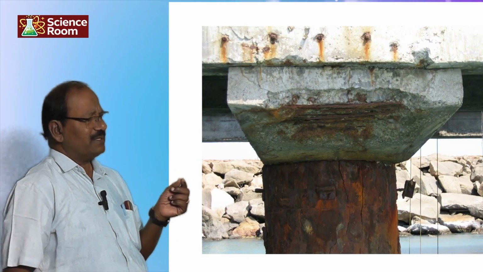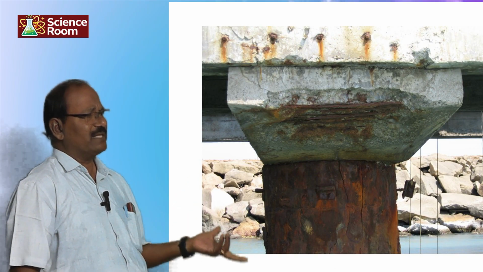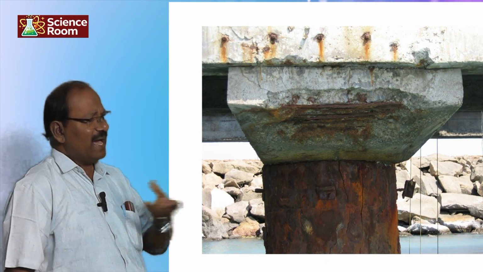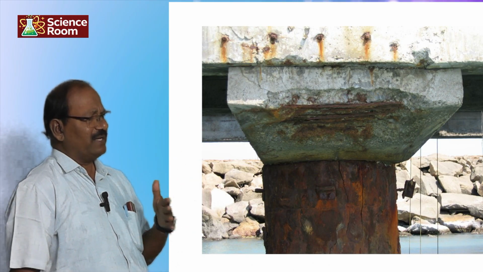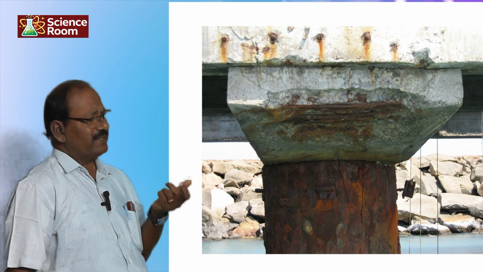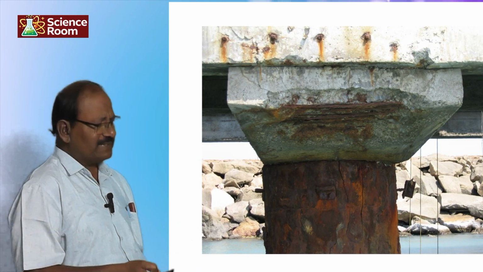The concrete cover is of very small thickness, maybe 1 inch or 1.5 inches or 2 inches at the maximum, through which the chloride-laden air gets in. This is not perfectly waterproof. So the chloride goes into that, accumulates, and corrosion starts. That we will see in the second part.